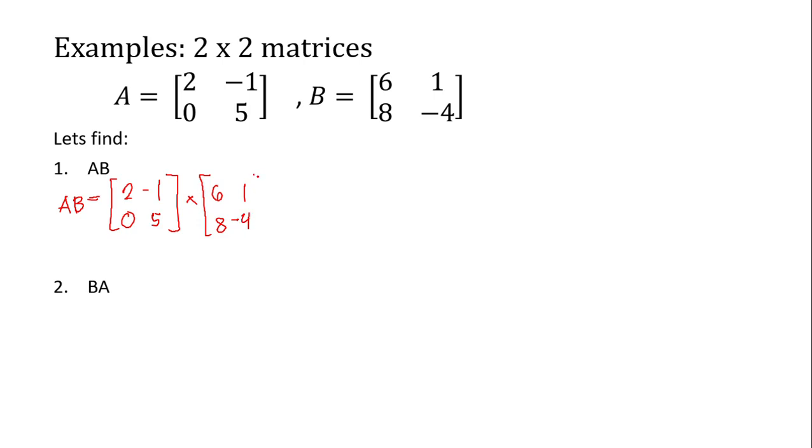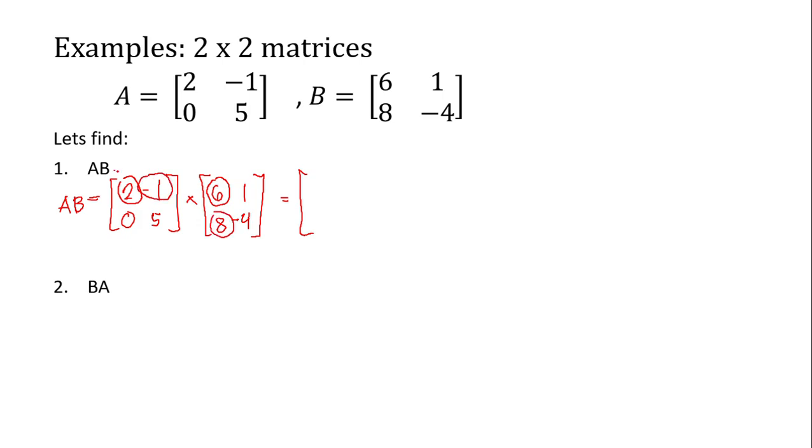So, paano ba tayo mag-multiply ng matrices or paano ginagawa yung matrix multiplication? Okay, so ganito yung gagawin natin. Makinig. We have itong 2 na to, i-multiply natin sa 6. Then, plus, ito namang negative 1 is i-multiply natin to sa 8.